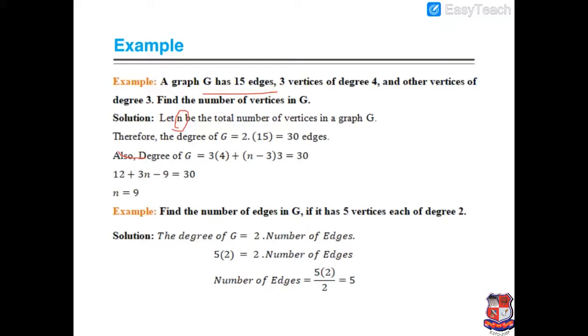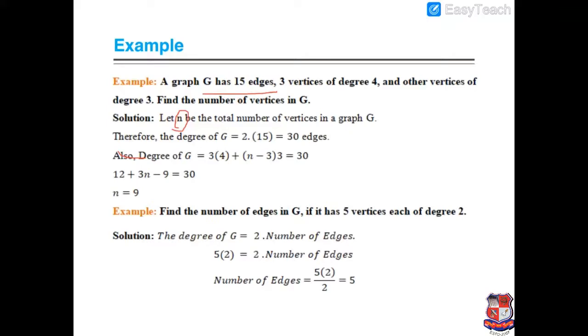As it is given that there are 3 vertices of degree 4, and out of n the other vertices are n minus 3. Therefore, degree of G is equal to 3 into 4 plus, total number of vertices are n, therefore the remaining vertices are n minus 3.